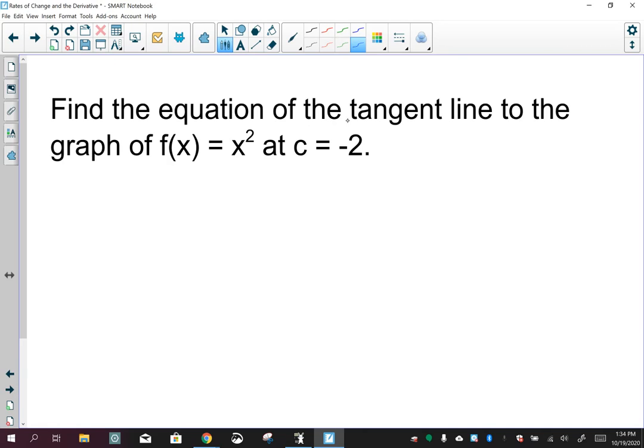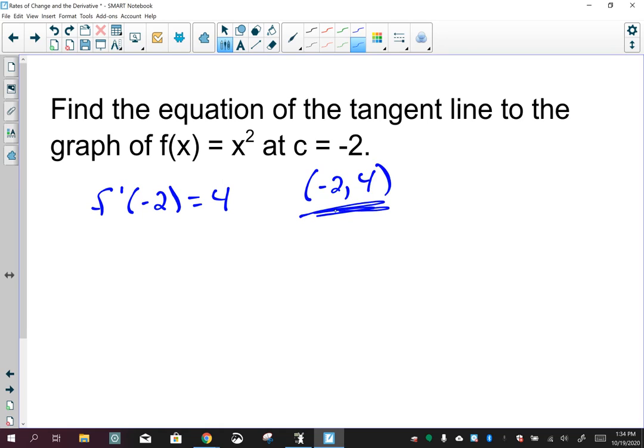Find the equation of the tangent line to the graph of f of x equals x squared at c equals negative 2. Well, we just found that. Your f prime of negative 2 is negative 4. This is the same thing as slope. Now I need a point. When I take this negative 2 and plug it into x squared, I get a positive 4.